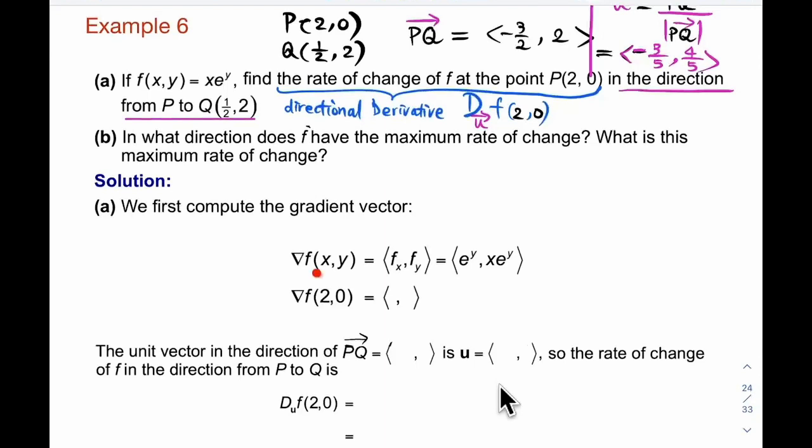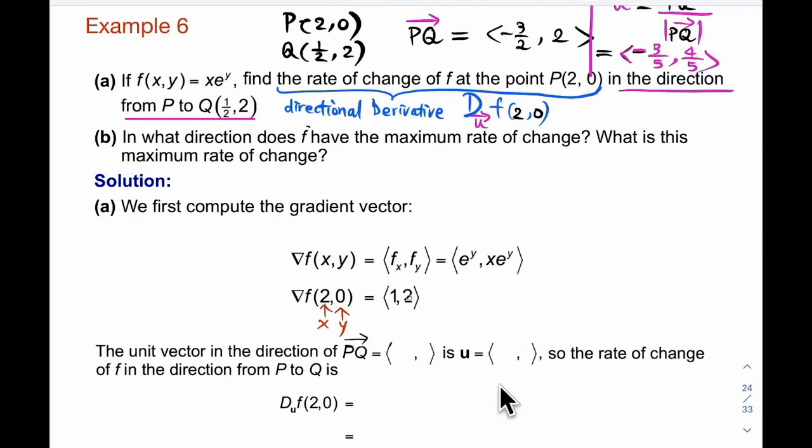Now we need to compute the gradient at (2, 0), because we're going to dot it with the direction vector. So we substitute x to be 2 and y to be 0. What's e to the 0? 1. Good. And the second component is 2.